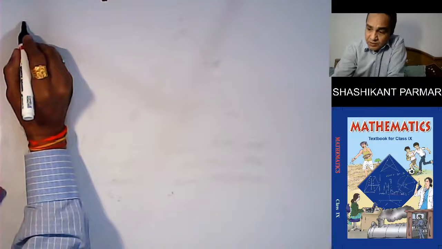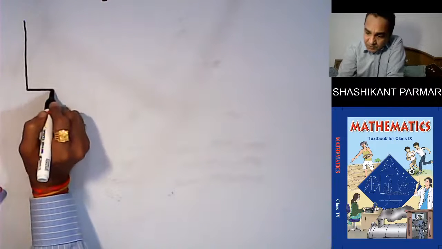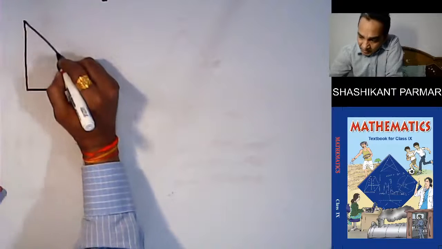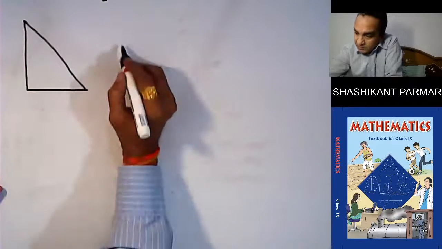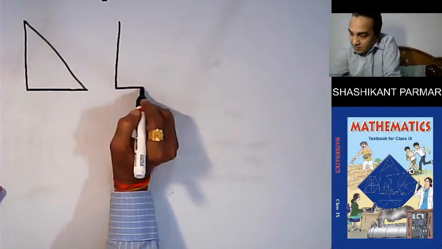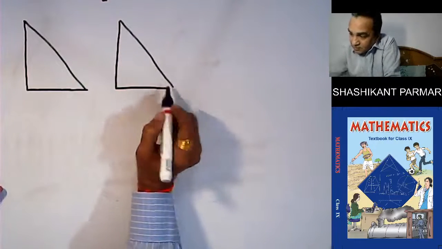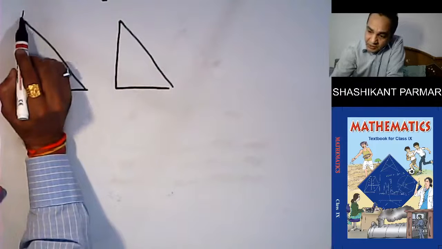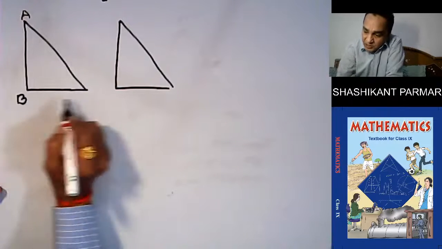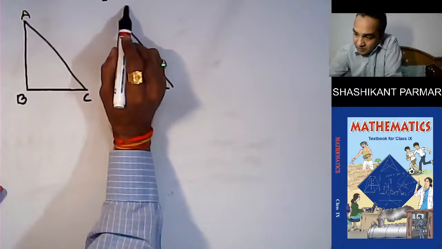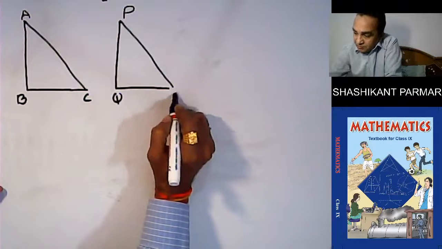Now see here, two triangles, one is ABC, another is PQR.